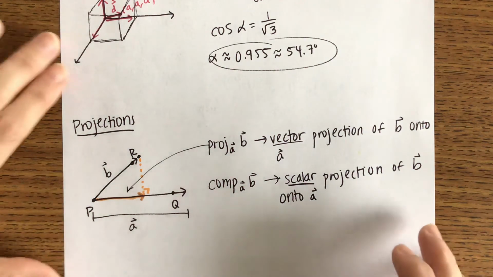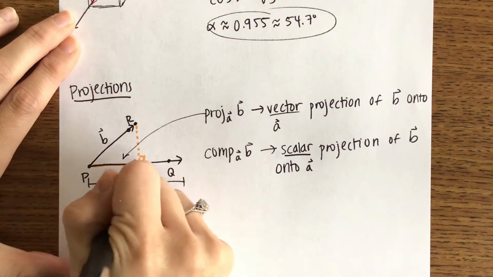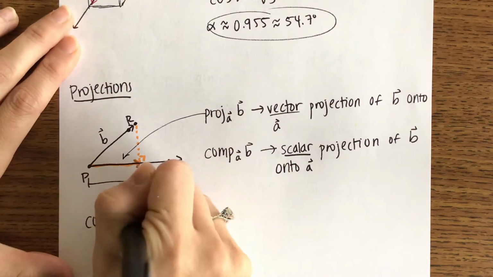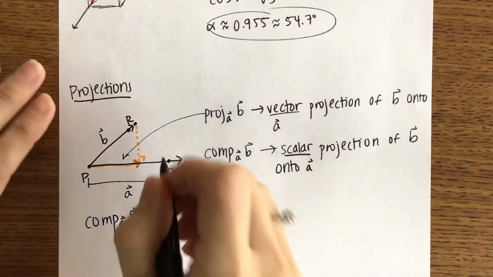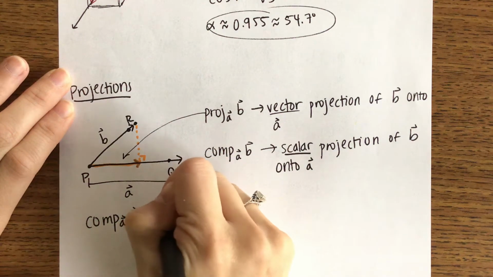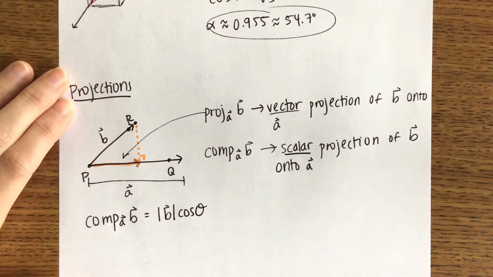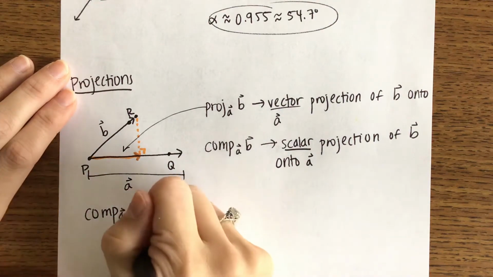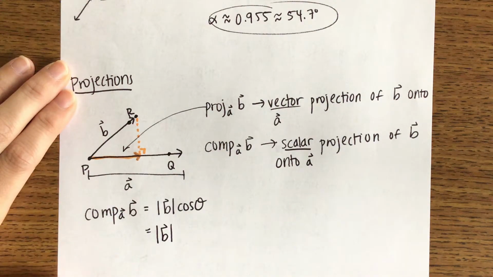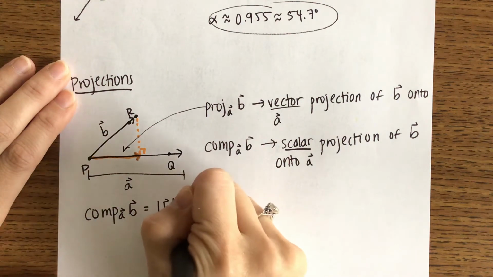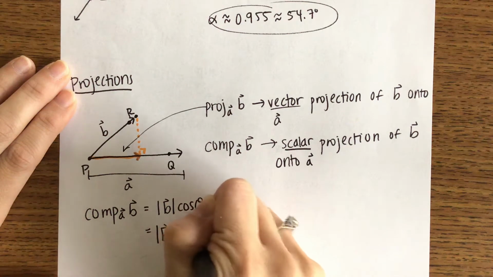So there are a few different formulas for these. If you're looking for the scalar projection, we can start out with the magnitude of b times the cosine of theta. If we replace the cosine of theta with what we learned earlier today, that's a dot b over the magnitude of a times the magnitude of b.